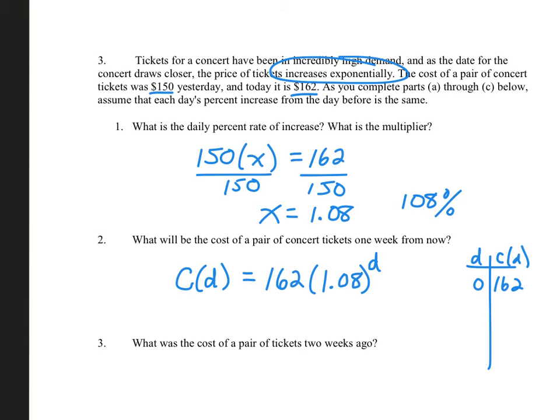Okay, I could just keep going until I got to a week from now with my table, but that would be time consuming and I have to continue multiplying by 1.08. I could put it into a graphing calculator and just go to the table and get 7 pretty quickly. That would be a faster way to do it. Or I could just evaluate C of 7. C of 7 is the cost after 7 days, 1 week.